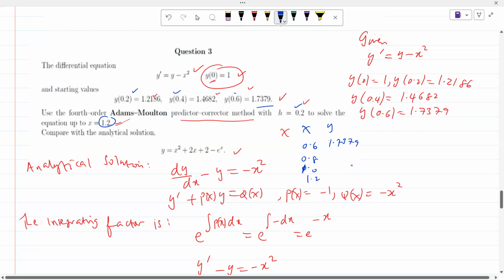Others are not given, like 0.8, so we need to get y at 0.8. How do you get y at 0.8? You use the previous one, because you already have 0.6. Let's practice.